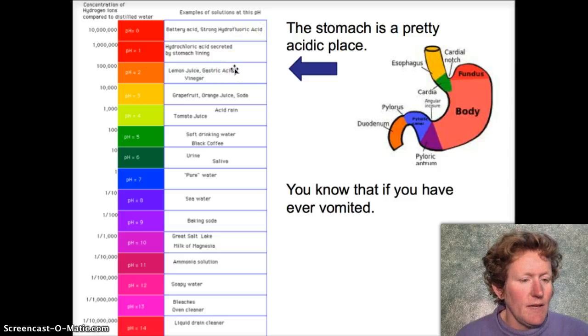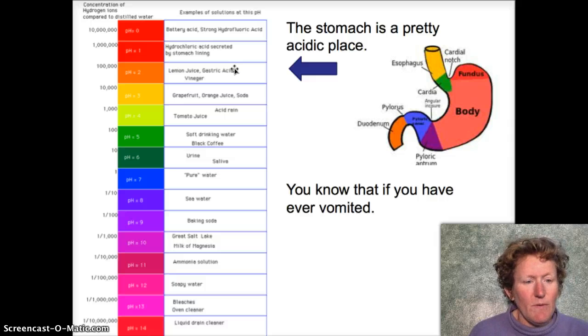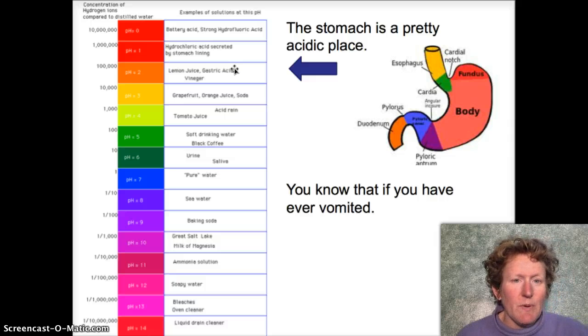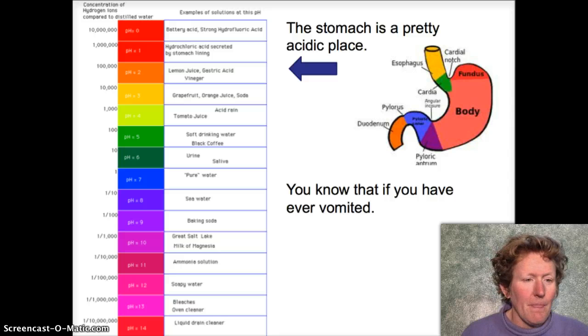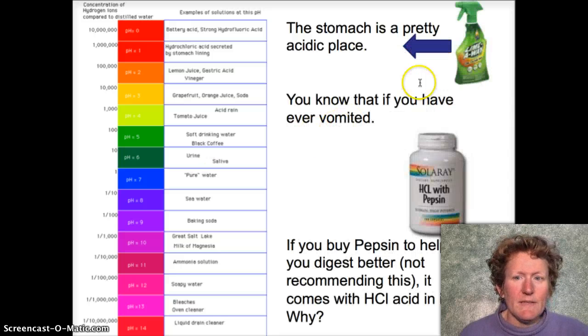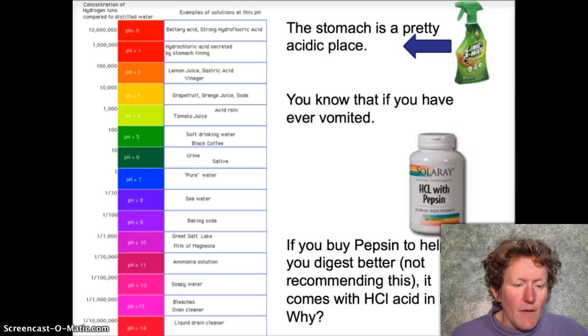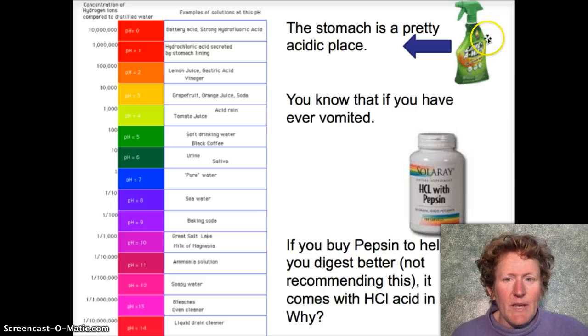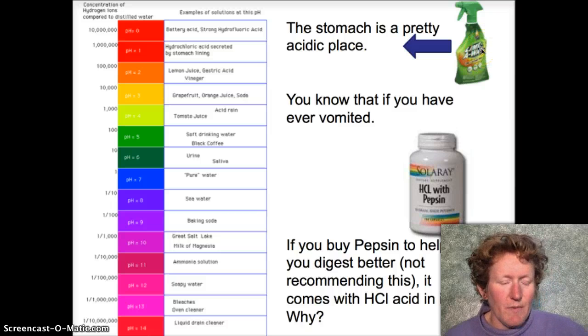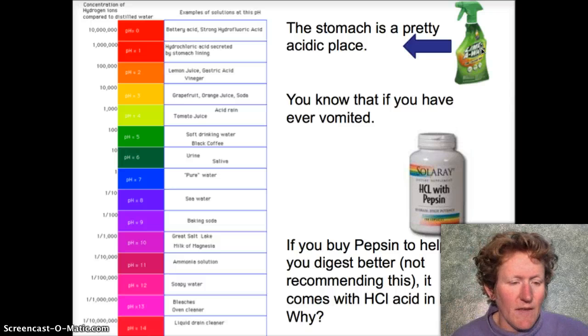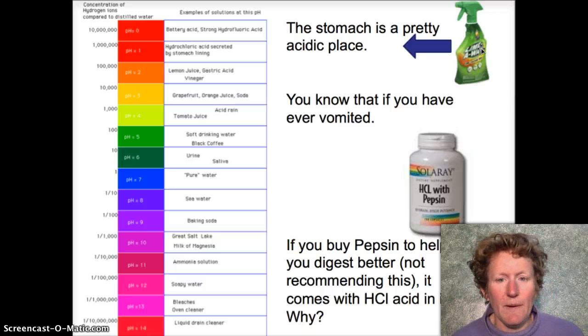Now, you know your stomach, we talked about this before in part 1, is pretty darn acidic. If you've ever puked and had it go up your nose or in the back of your throat, it's pretty nasty stuff. In fact, it has a similar pH to Lime-Away, which is this cleaning product that you use to get rid of the calcium deposits in your shower.